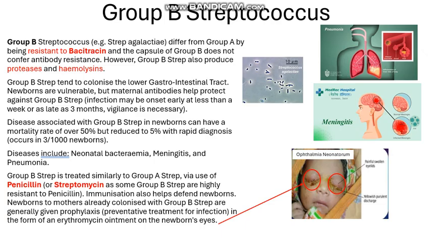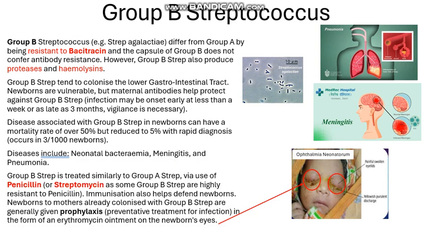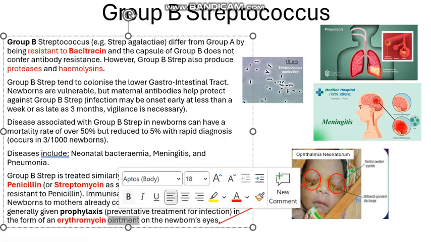Newborns to mothers already colonized with Group B strep, so if the mother has a Group B strep infection, they're generally given this thing called prophylaxis, which is a preventative treatment for infection in the form of an erythromycin ointment onto the newborn's eyes.